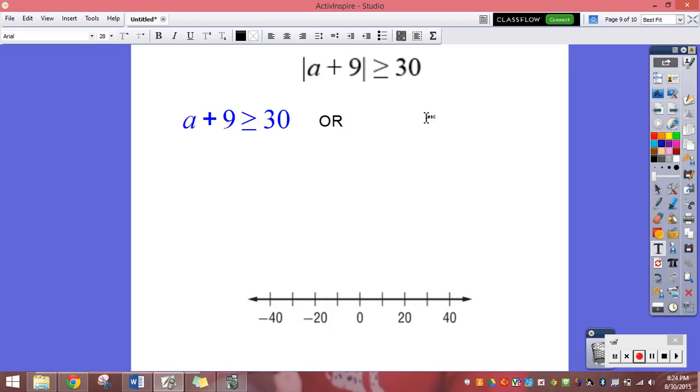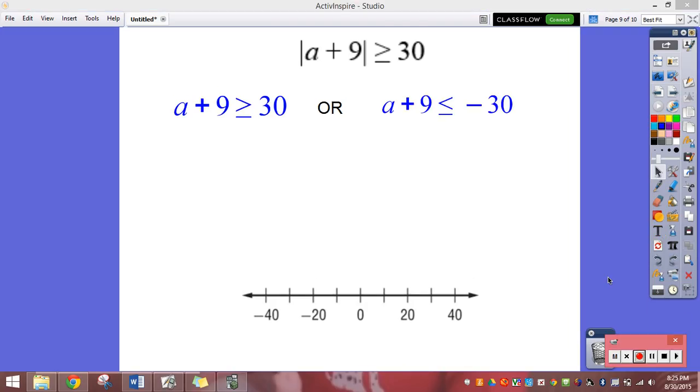But now I'm looking at the case to the left of negative 30, so I change the greater than to a less than and make the 30 negative. I flip the symbol and change the sign. So now I have a disjunction that I can solve instead of working with the absolute value in the problem.